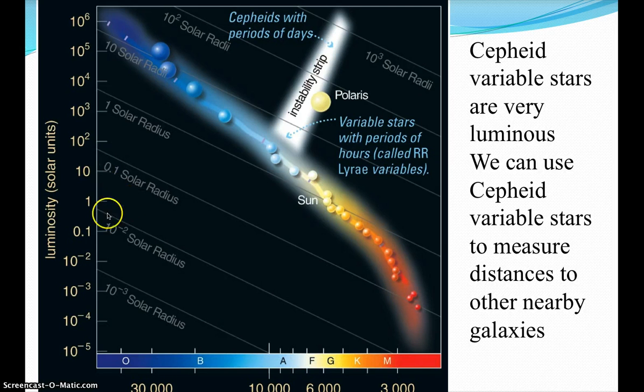So the next method we're going to use involves something called Cepheid variable stars. Now these are stars that actually move around on the HR diagram. These are stars that don't have a constant luminosity or a constant brightness, but they sort of pulsate, they expand and contract due to instabilities in their interior.